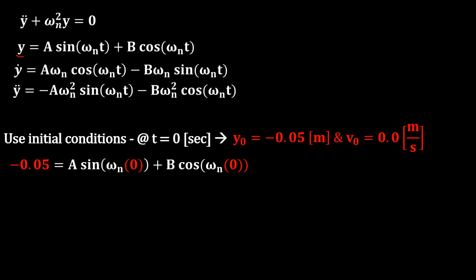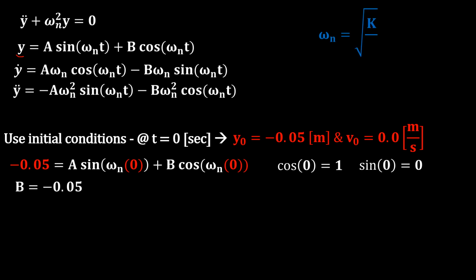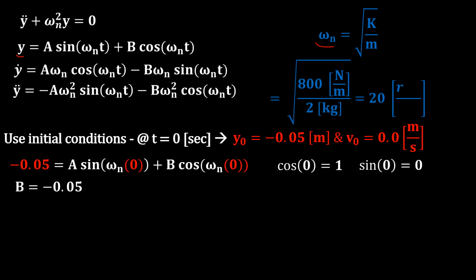So remember, cosine of 0 is 1, and the sine of 0 is 0. So here we can get rid of the a, and we can find the b value to be minus 0.05. So here we can solve for the natural frequency, k over m. K is 800 Newton over meter divided by 2 kilogram, equal to 20 radian per second.